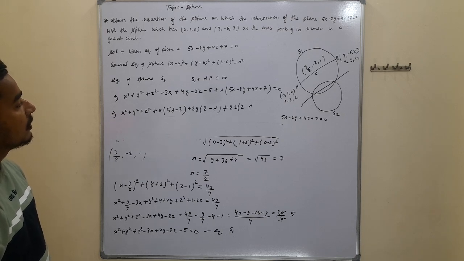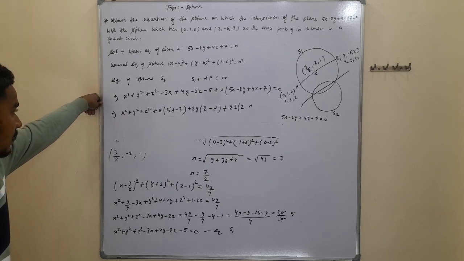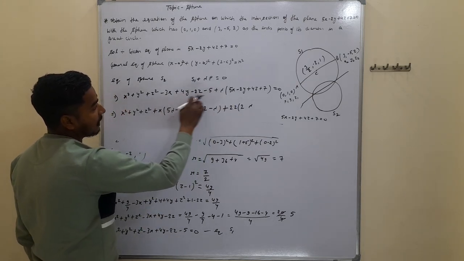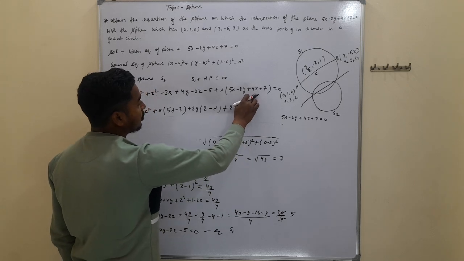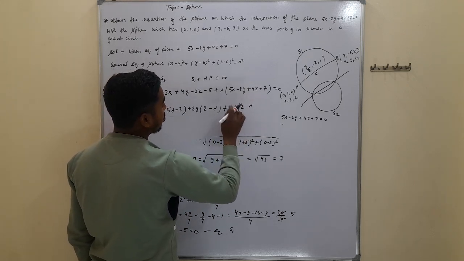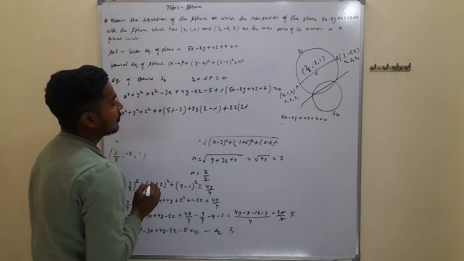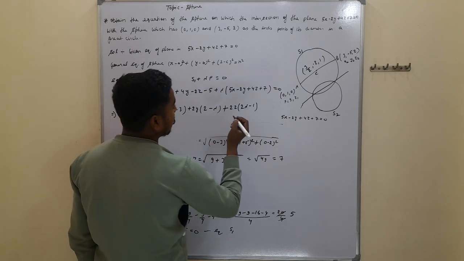Collecting terms, we take x in one bracket, y in one bracket, and z in one bracket, with 2z common, giving 2 lambda minus 1.